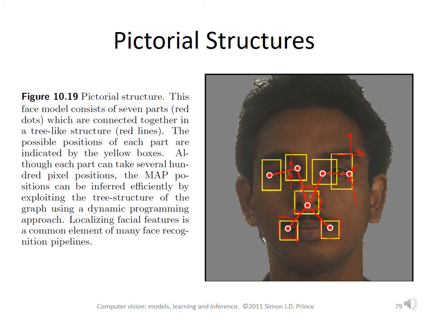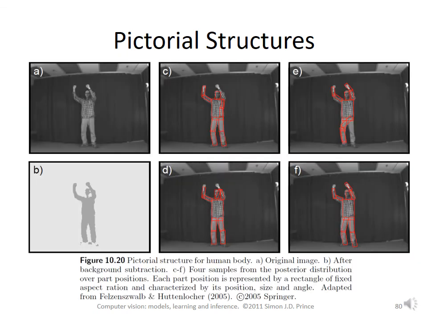And we would also want to learn the pairwise costs to say, well, I would expect that a nose is going to be sort of south of the eyes, maybe southeast of one eye and southwest of another eye, and certain distances are allowed and other distances are too big. And so all that information would be collected, and you'd learn that from a bunch of labeled data where you'd already labeled the corners and the layouts of these faces.